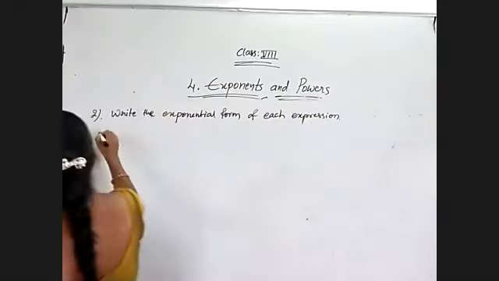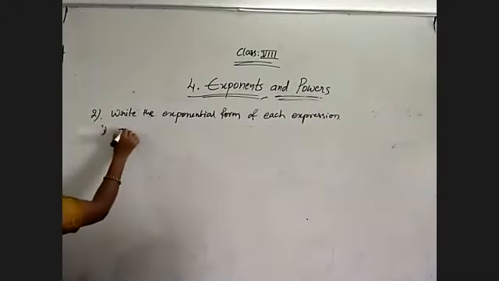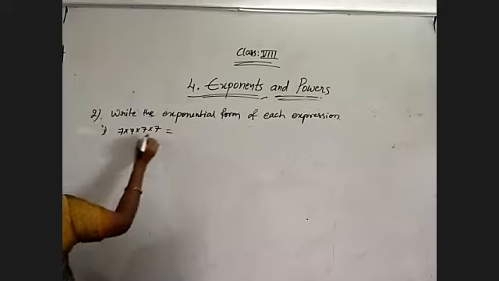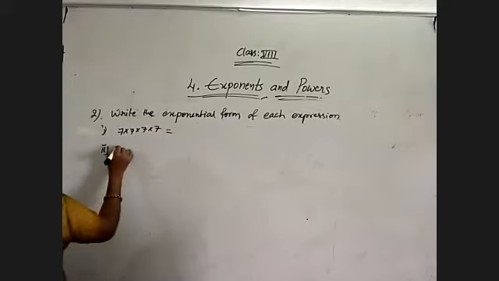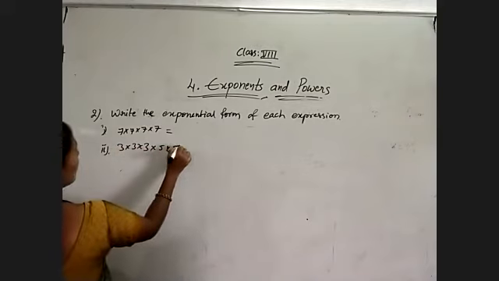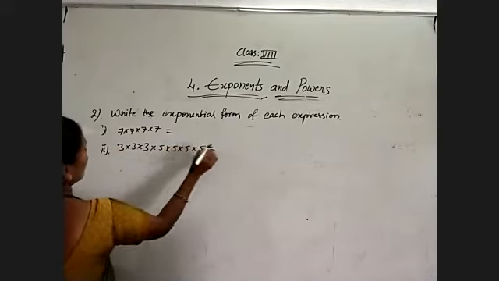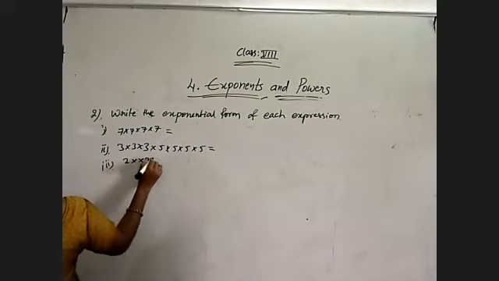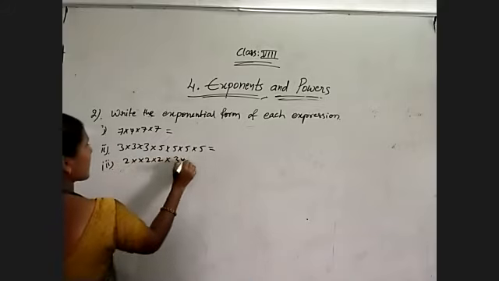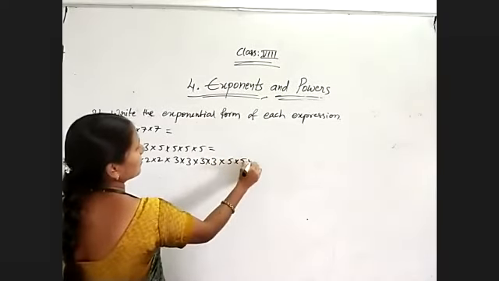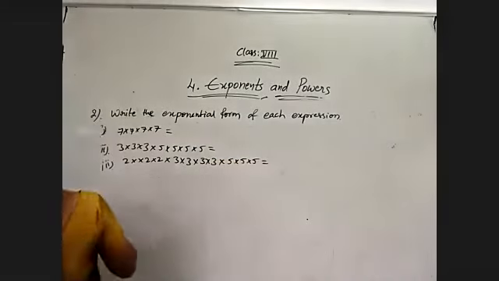So my first question is 7 into 7 into 7 into 7. And second question is 3 into 3 into 3 into 5 into 5 into 5 into 5. And thirdly, so like this 3 expansions are given.